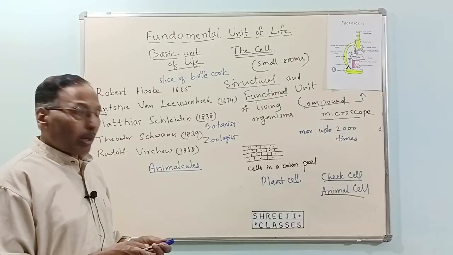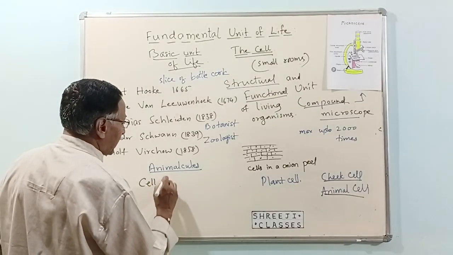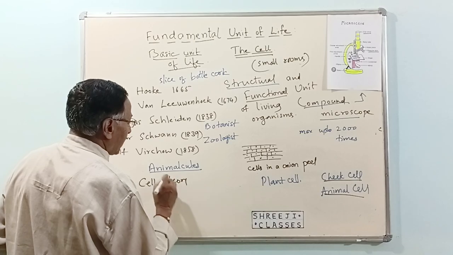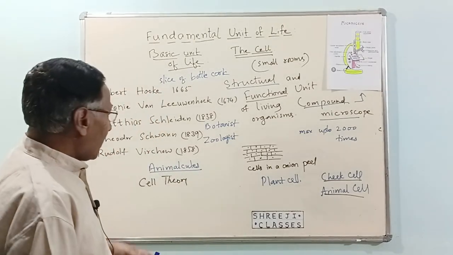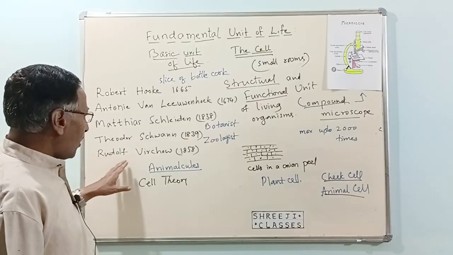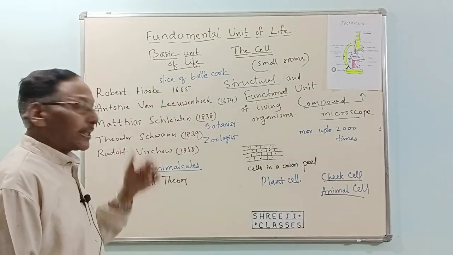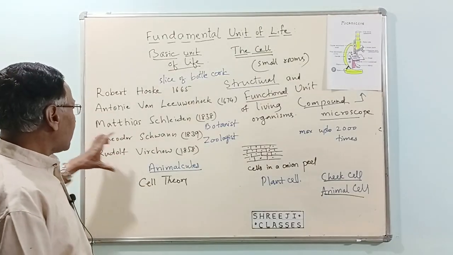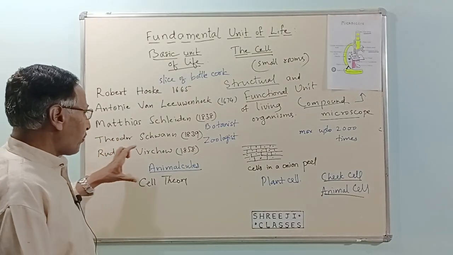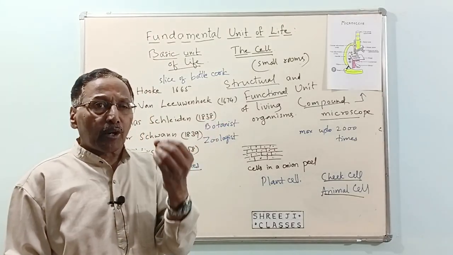Together, they form what we call the cell theory. Later, another person called Rudolf Virchow added one more statement to that theory. So these three, Matthias Schleiden, Theodor Schwann and Rudolf Virchow, have formed a theory which is called cell theory.